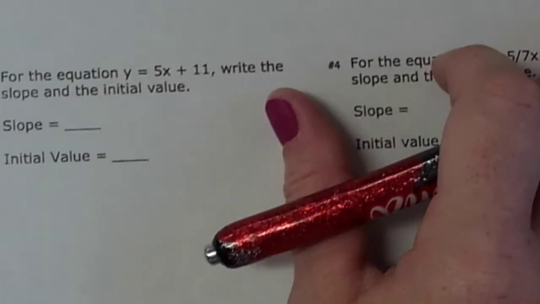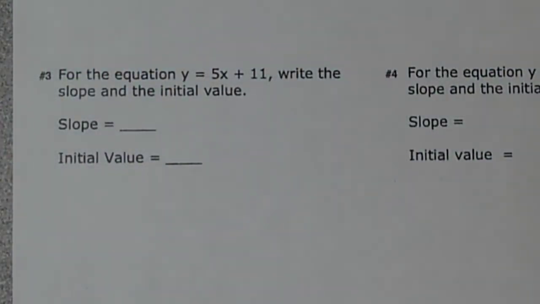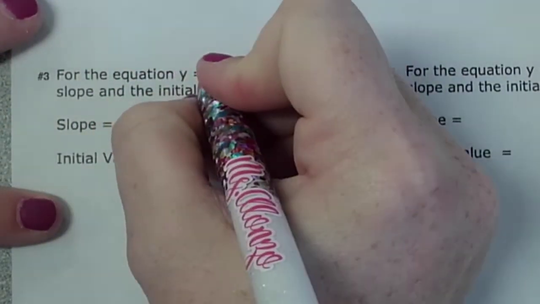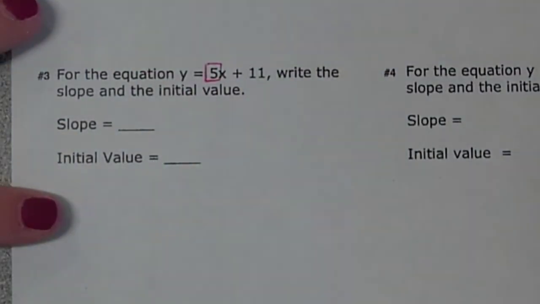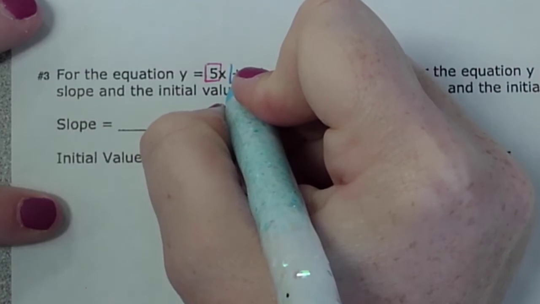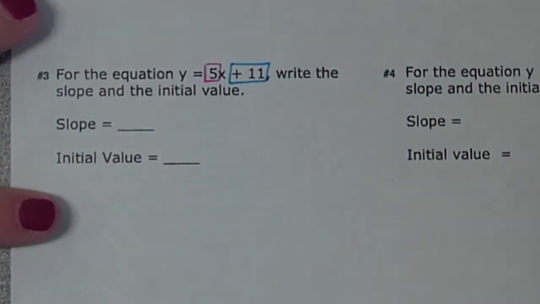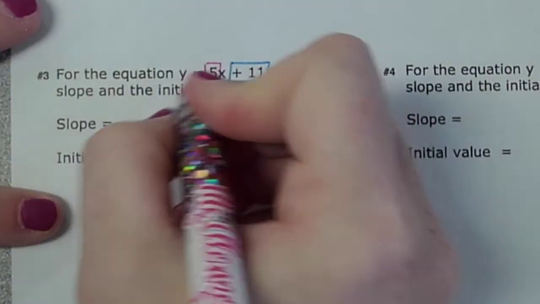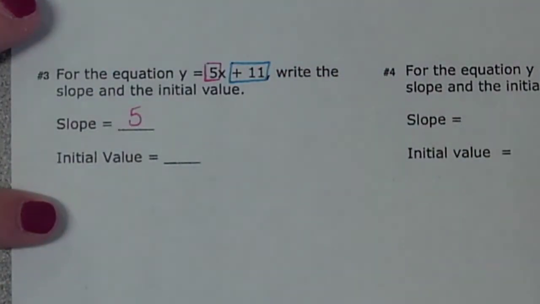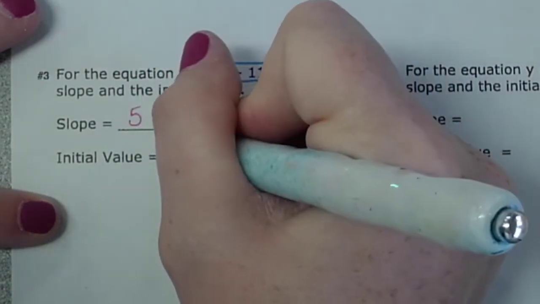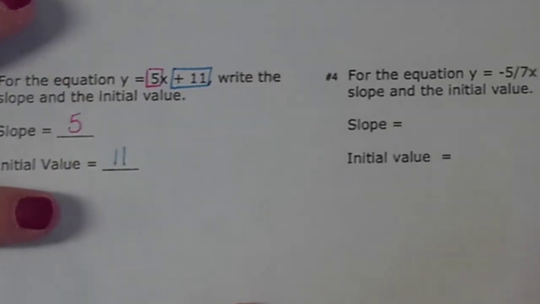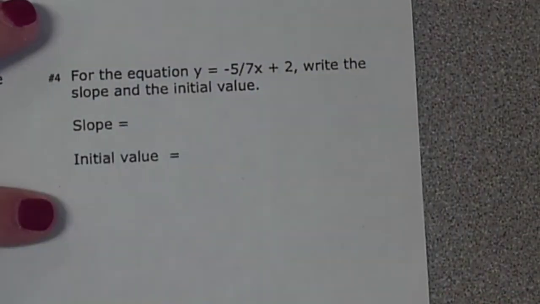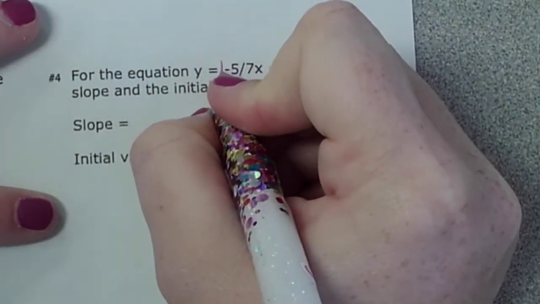Okay, let's do this one. Now we're going to work the opposite way. We're going to find the slope. The number in front of x is your slope or rate, and the number adding or subtracting at the end is your initial value. So our slope in this case is 5, and our initial value is 11. Okay, number 4, the number in front of x is your slope.